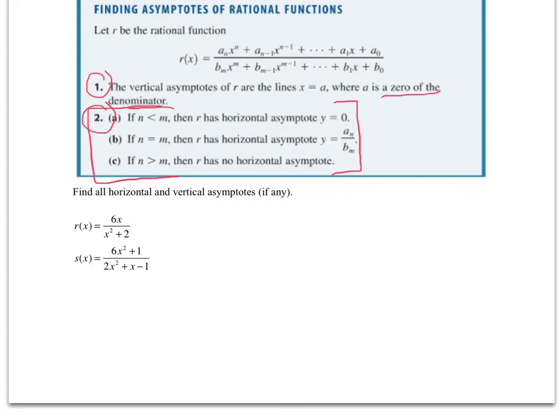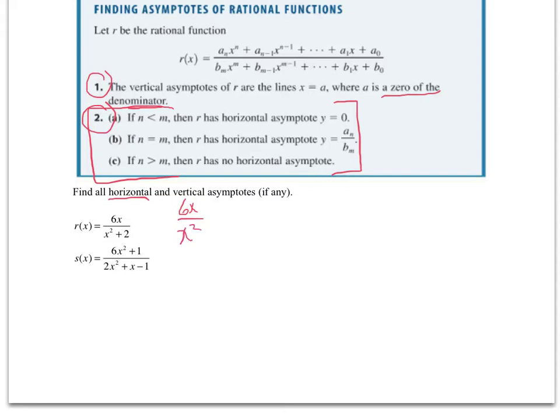But actually, I like to think of this as end behavior, and if we think of it as end behavior, when we're looking for horizontal asymptotes, we only need to consider the dominant term in the numerator and the dominant term in the denominator. So in this first example, r of x, we see that the numerator has dominant term 6x, that's the only term up there, and the denominator has dominant term x squared.